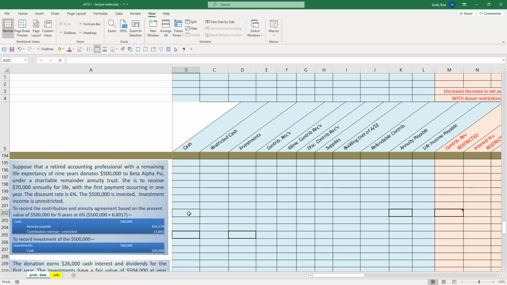So basically what we're going to do is pay the donor $70,000 per year for the next 9 years. That's part of the contract. Whatever is left over gets to be kept by the college, or in this case by the organization Beta Alpha Psi. It's a great way to entice donations, even though people are a little bit skeptical about being retired and not having a steady source of income.